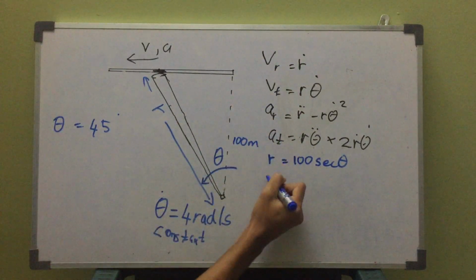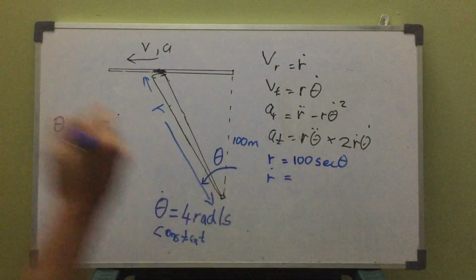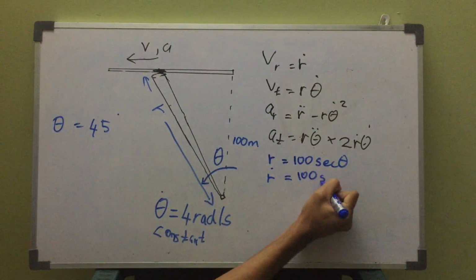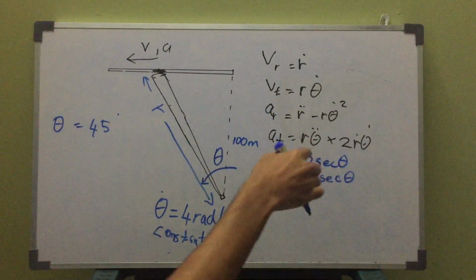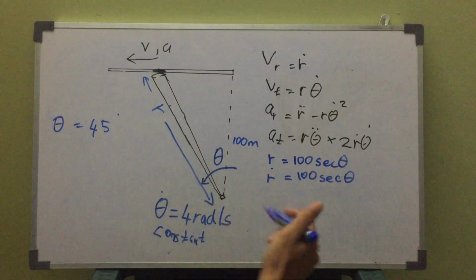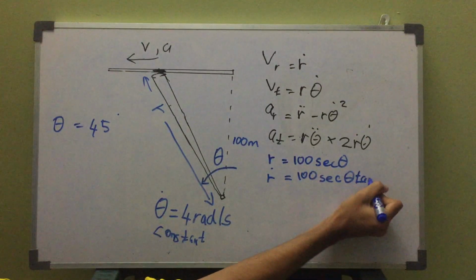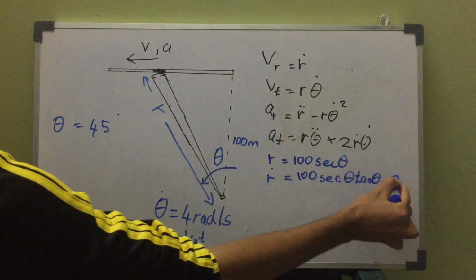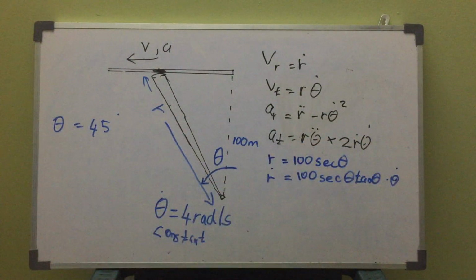So if I differentiate, I'm going to get r dot is equal to 100 sec theta. If I differentiate the sec theta, it would be sec theta into tan theta, and I'm going to put that theta dot over here. So this is a basic differentiation.